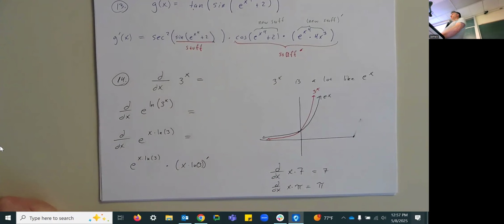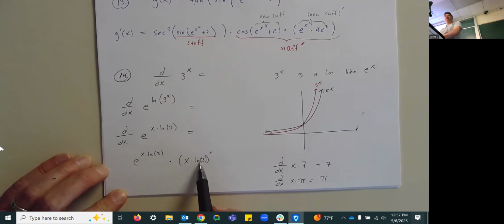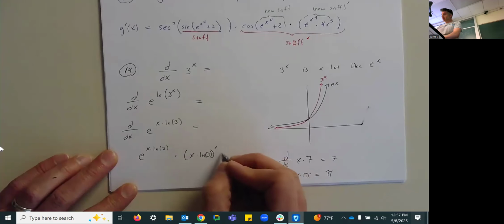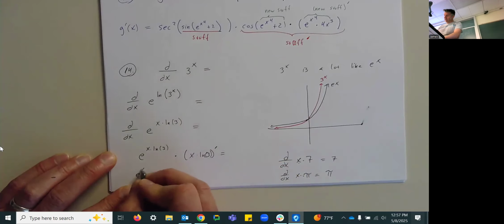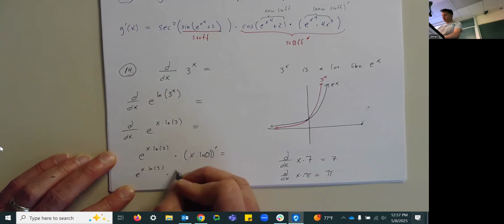It's about, I don't know, 1 point something. I don't really care what it is. It's 1 point something, but it's a number that never changes. There's no variable there. So when we differentiate this x times a constant, just like here and here, we're just going to get that constant. So this ends up equaling e to the x times natural log of 3 times the constant natural log of 3.